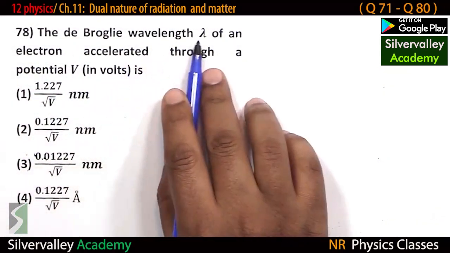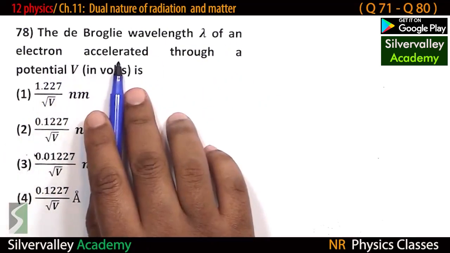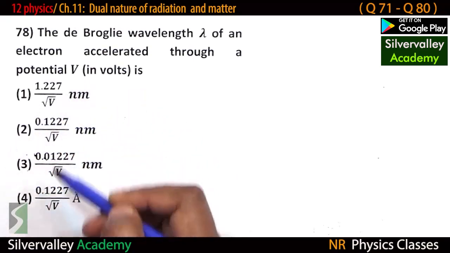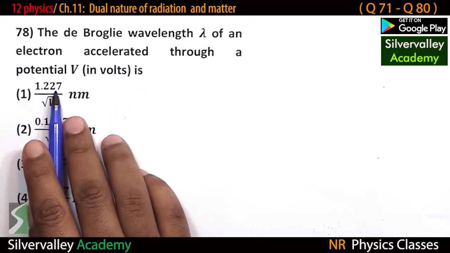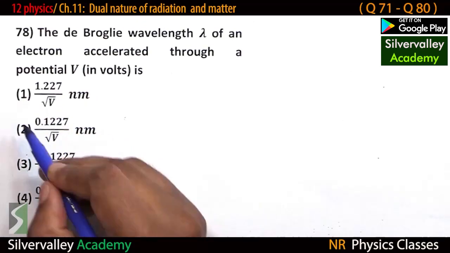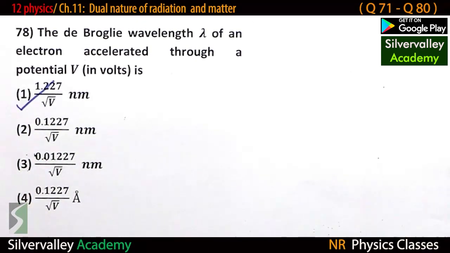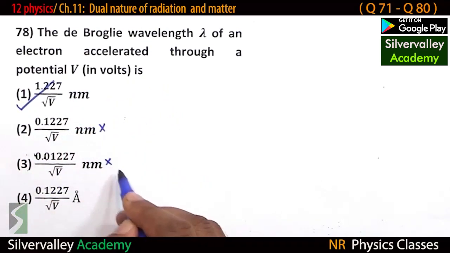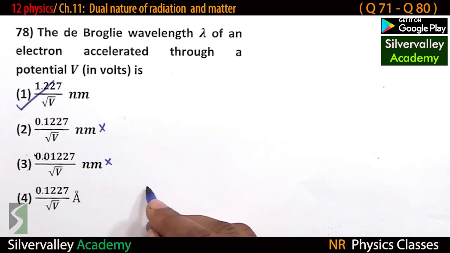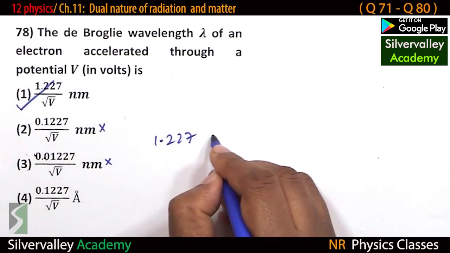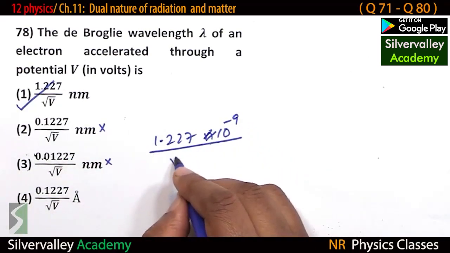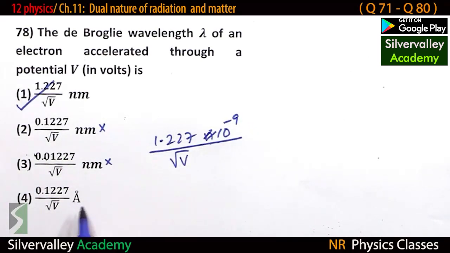The de Broglie wavelength of an electron accelerated through a potential difference V is, it is a standard question, 1.227 nanometer by root V. That is 1.227 times 10 power minus 9 by root V. In terms of angstrom, multiply and divide this by 10.